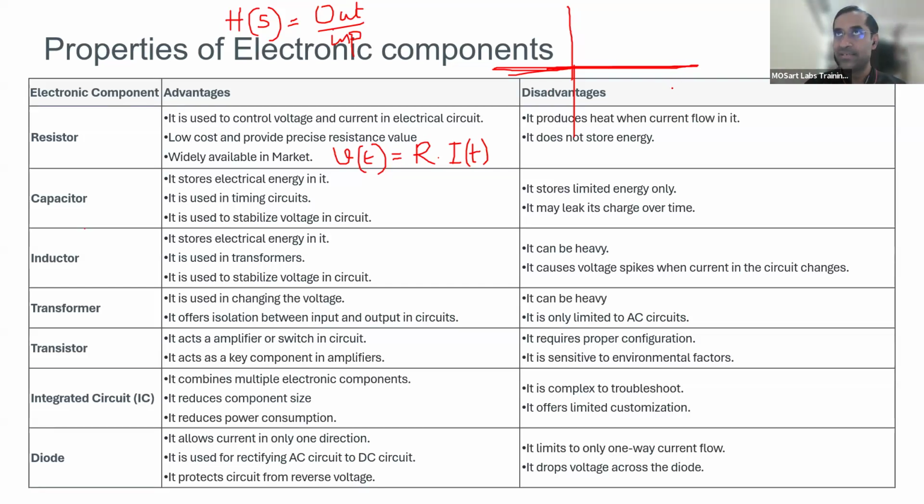It could be either I or V on the x-axis, and on the y-axis you will have V or I. Both are equally correct. If you force a current and get an output voltage, it is I in versus V out. If you force a voltage across this and you get a current, it is V in versus I out.